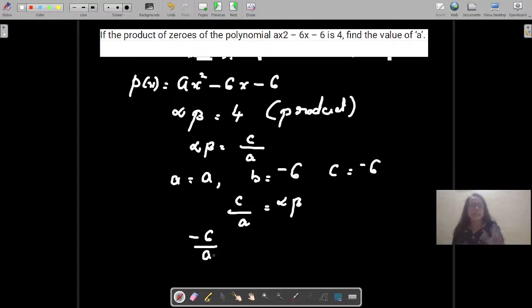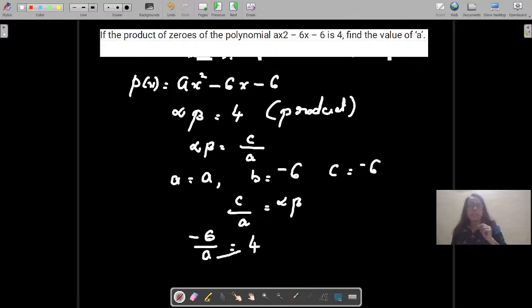Coefficient of x square is a. In the question we are given alpha beta is equal to 4. So minus 6 upon a is equal to alpha beta, which is 4.